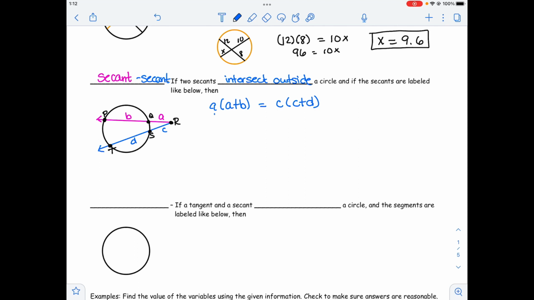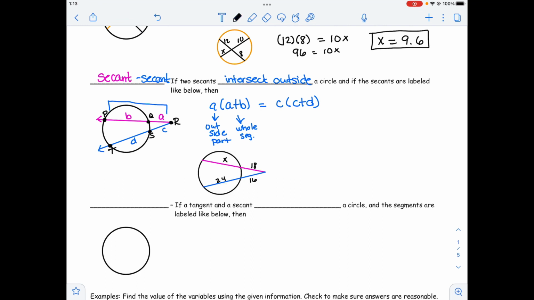This piece here is the outside part of the circle, and this is the whole, so the outside and the inside, so the whole segment. So we would have the A and the B. And the same thing for C, it's the outside part, and then D, C plus D would be the whole segment. So let's do an example.